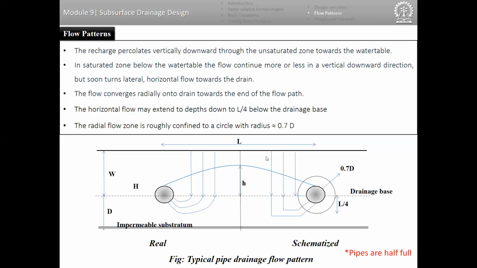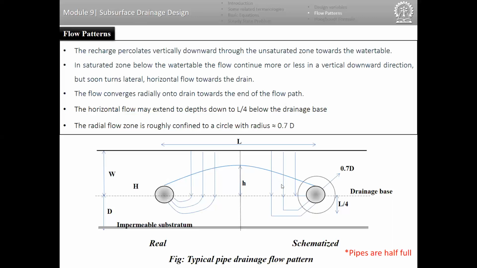The recharge percolates vertically downward through the unsaturated zone towards the saturated zone, or towards the water table, you can say. Then in the saturated zone, this is your saturated zone below the water table.